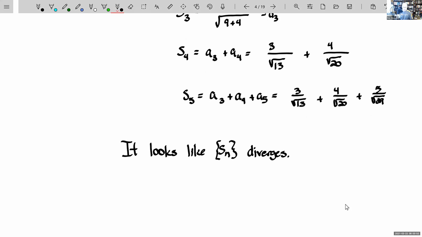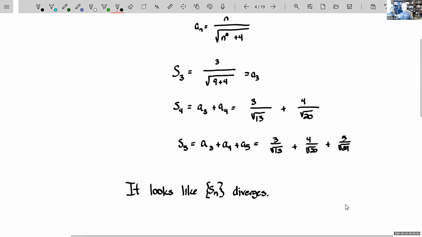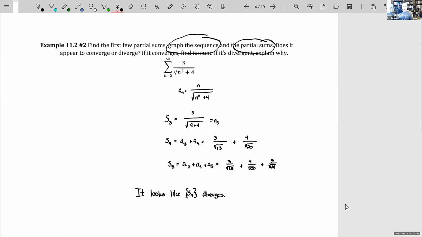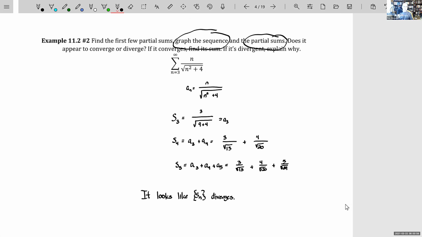All right. So again, the point of that example really was to just be able to use technology and to continue to glue together the concept of a sequence versus the sequence of partial sums. So they're two kind of related but different objects.